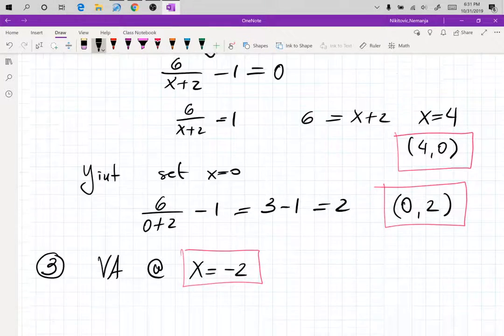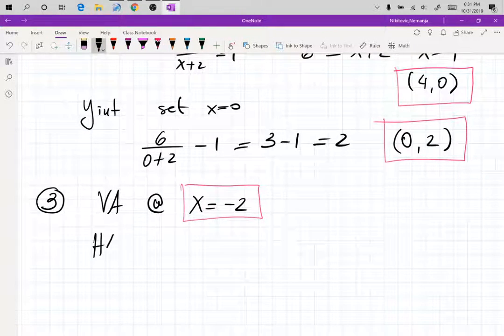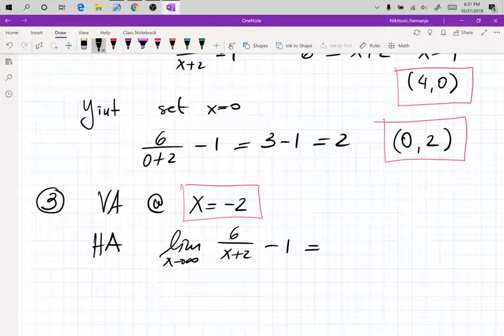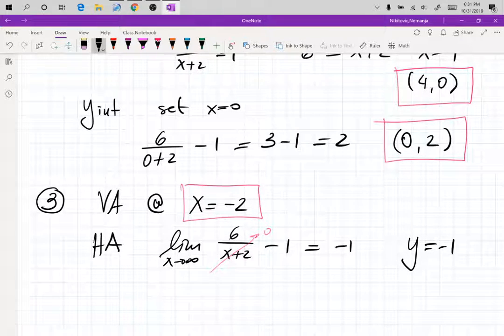Now we would also like to find the horizontal asymptote, and if you are not sure how, you will have to do the limit as x goes to infinity for the function 6 over x plus 2, minus 1. When you solve this limit, you would see that the first part, because you're dividing 6 by infinity, goes to 0, so the asymptote is at y equals -1.